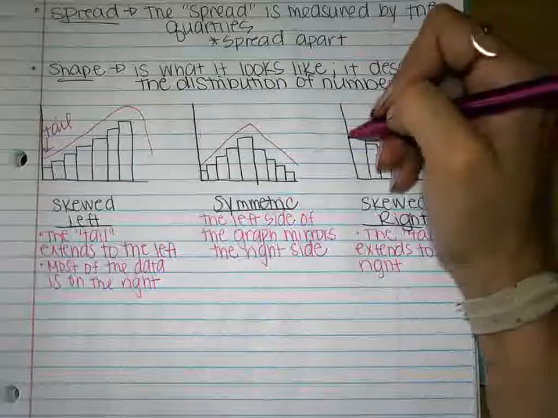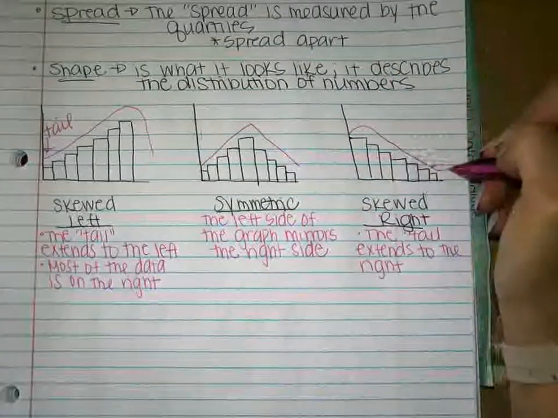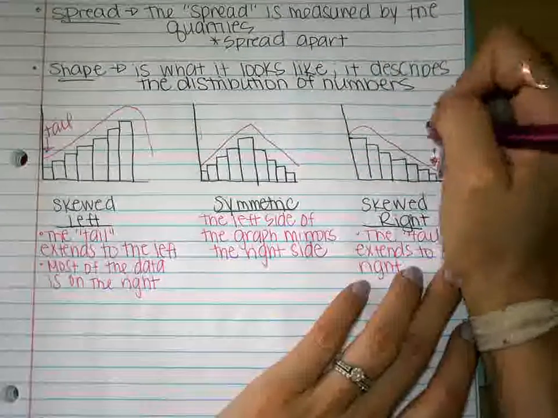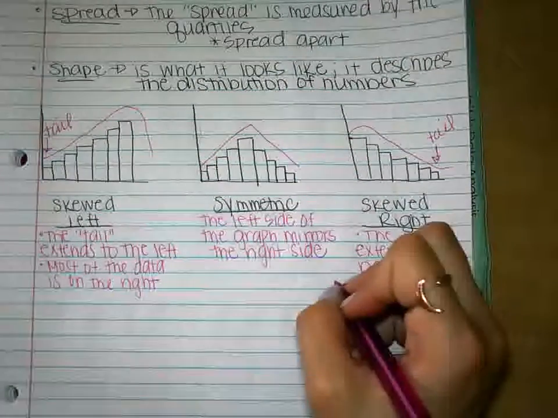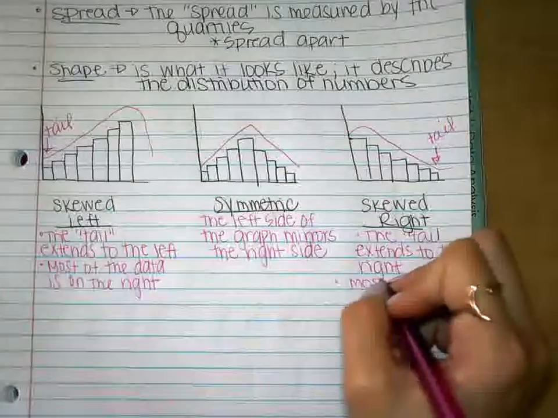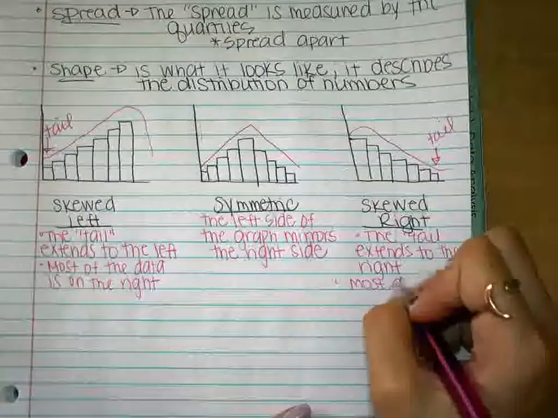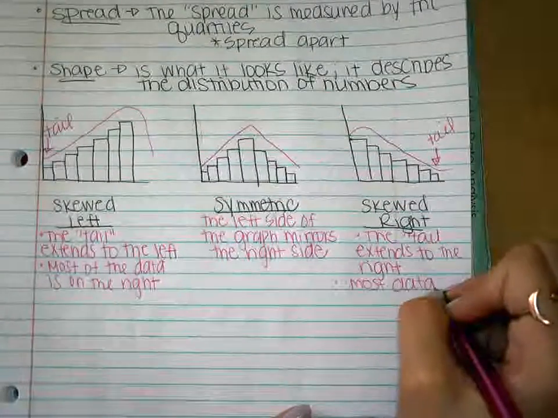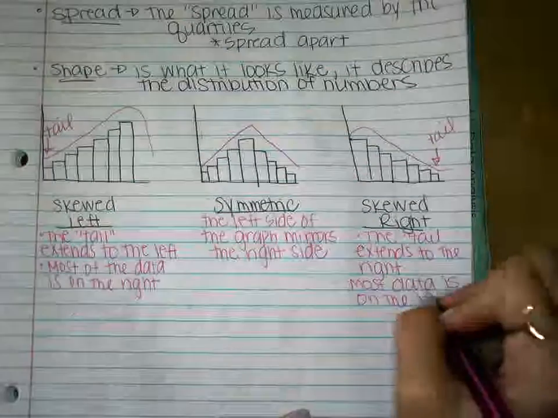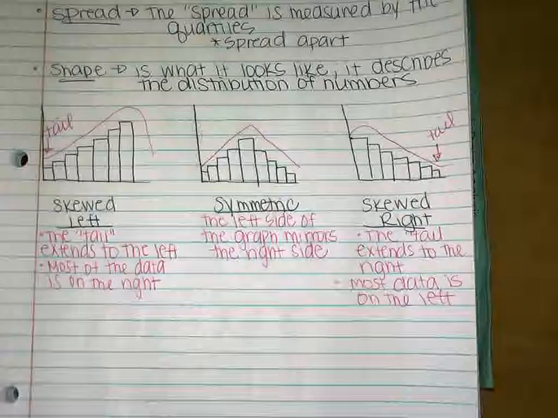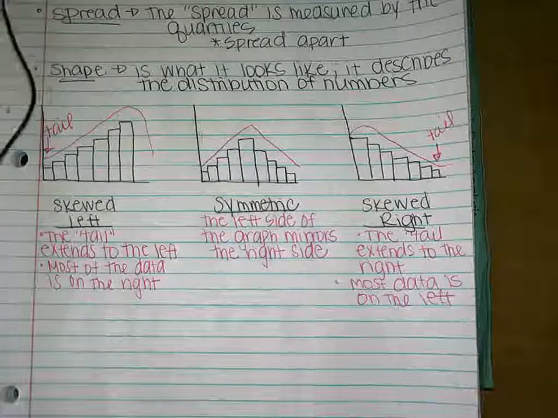So if I draw my picture, my tail is right there, which means most of the data is on the left. It is the opposite of what we think.